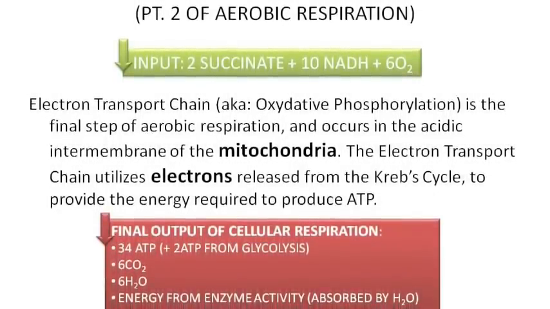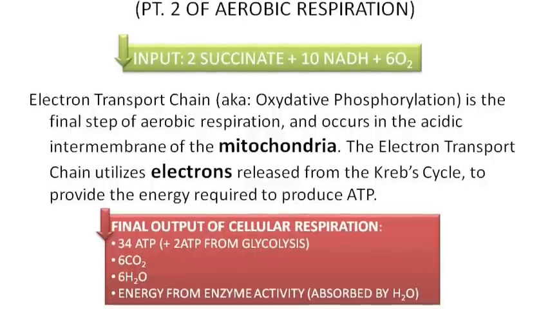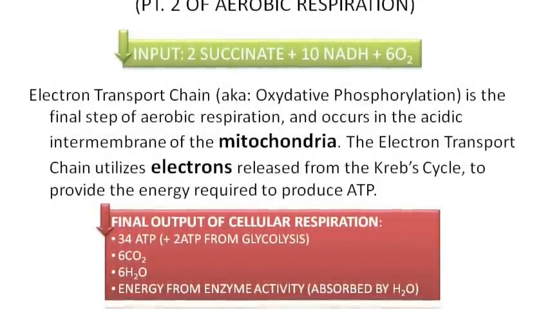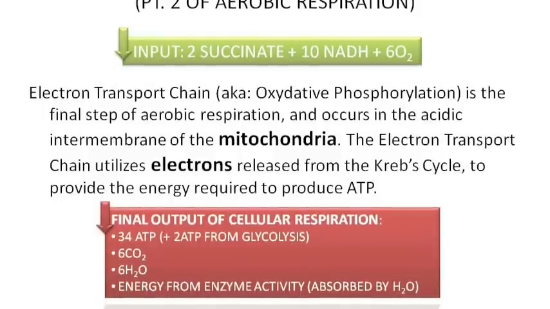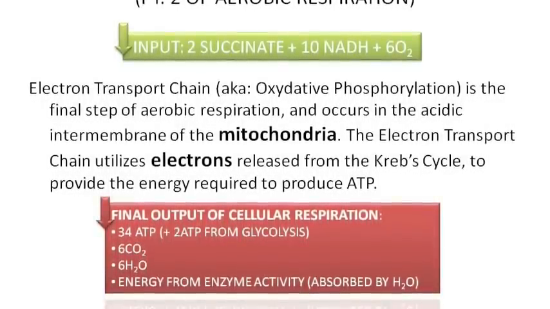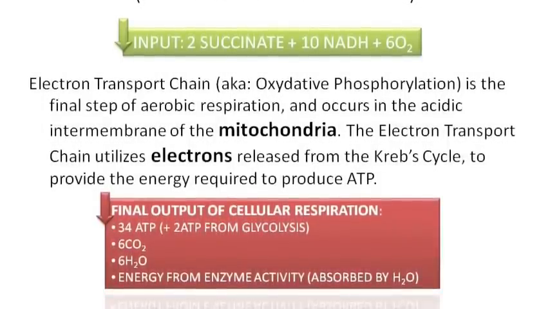And so, after everything is put together from all three steps, the whole cellular respiration puts out 34 ATP plus 2 ATP from glycolysis and 6 CO2 and 6 H2O. That's water, H2O. And it makes energy from the enzyme activity, but that gets absorbed by the water too.